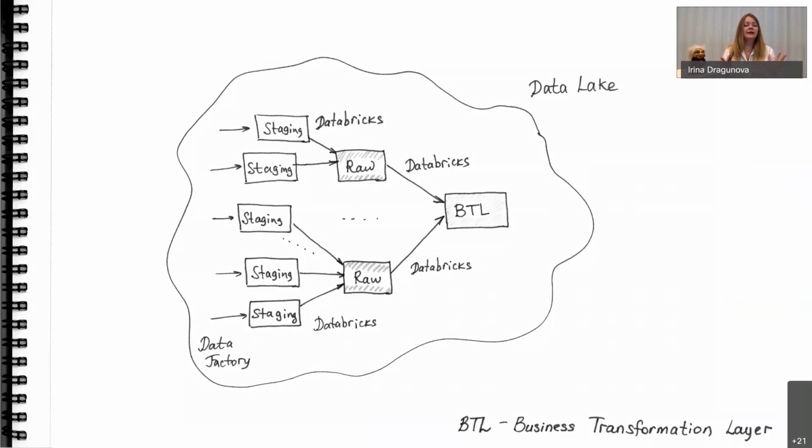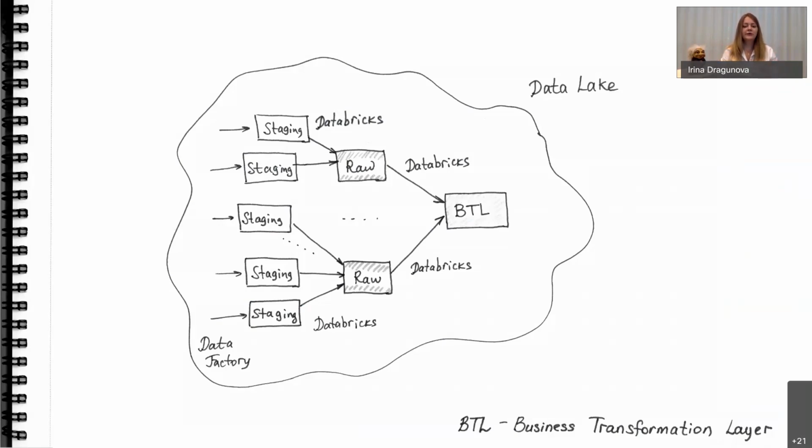For example, electrical consumption data for one company, one installation for 1 month. And we need to aggregate this data together, clean it, and then we save the data in RAW. Then we perform some necessary transformations, aggregations with the raw data. We apply some business logic on top of it and save the result in BTL, business transformation layer.